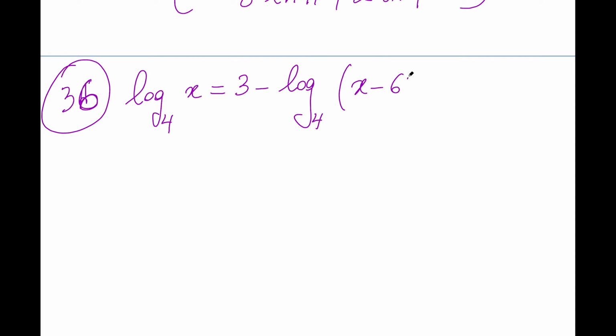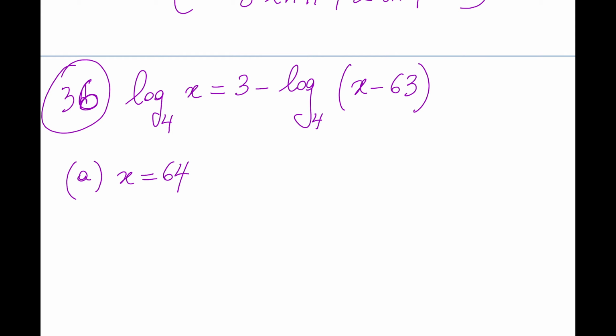I have log base 4 of x equals 3 minus log base 4 of x minus 63. For part A, they told us to replace x by 64 and check if that's going to be a solution.